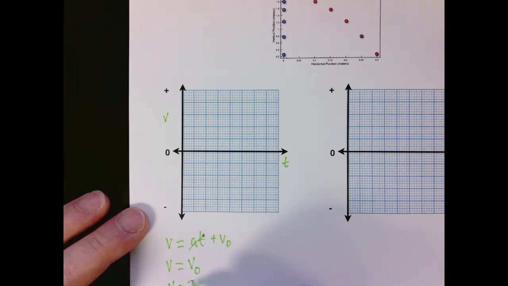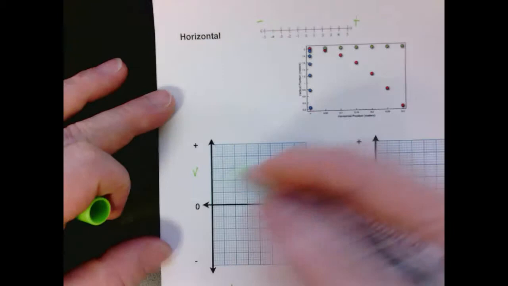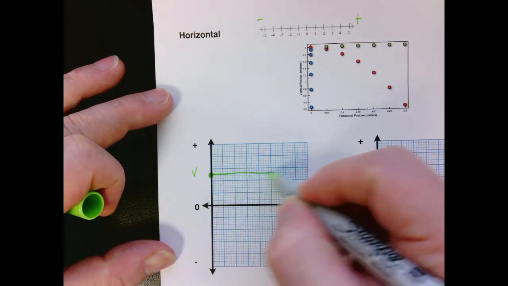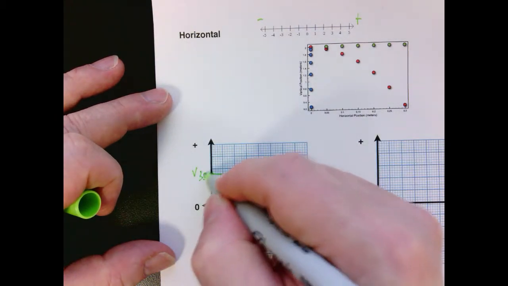And that velocity was 3.00. There is no model per se. So what we have for a graph is simply this: a velocity of 3 in the horizontal direction that doesn't change.